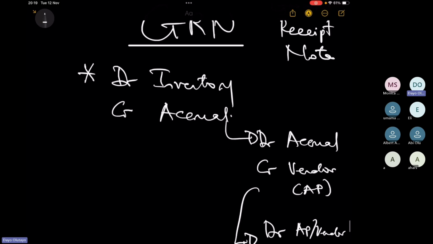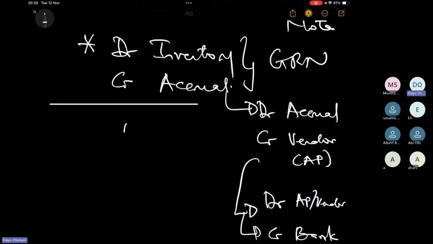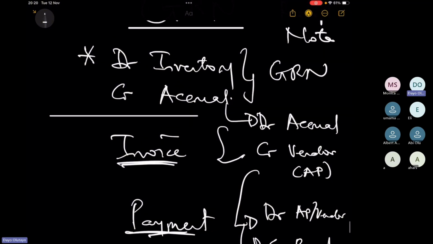So all of this understanding is very important because they're happening at different stages. This is your GRN. This is your invoice. And this is your payment. So same process, but sub-processes inside of it.